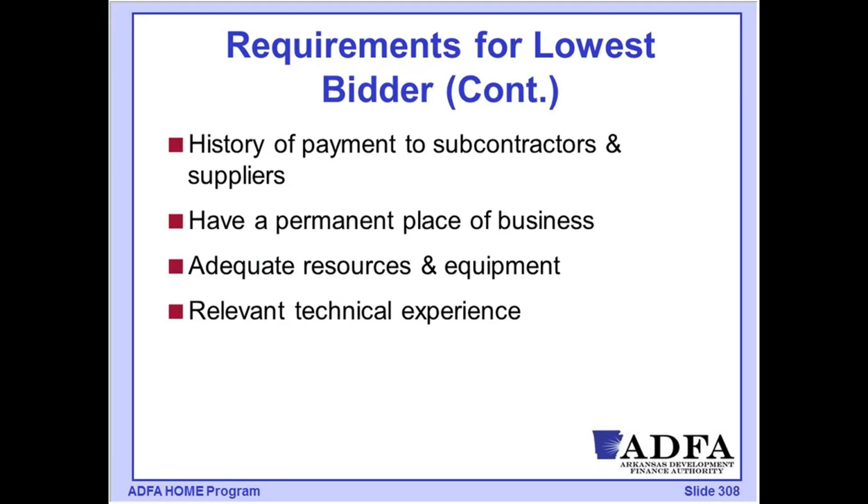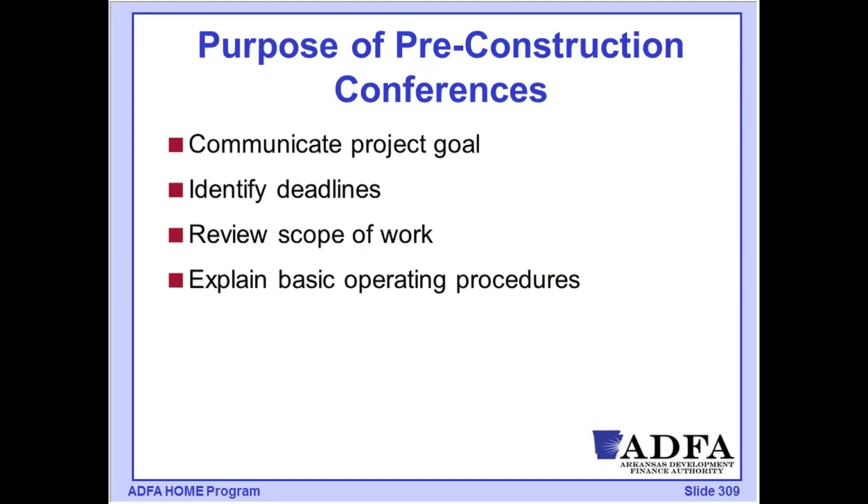How many times are you getting calls from subcontractors saying, we haven't been paid? Do they have a permanent place of business? Do they appear to have adequate resources, the right equipment to be able to complete the work? Do they know what they're doing? Do they have the technical experience to be able to take on the type of scope of work that you are providing in your packets?